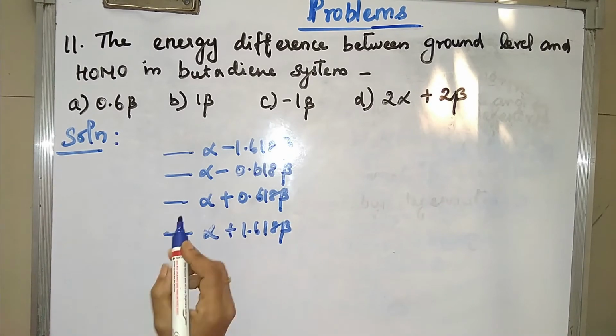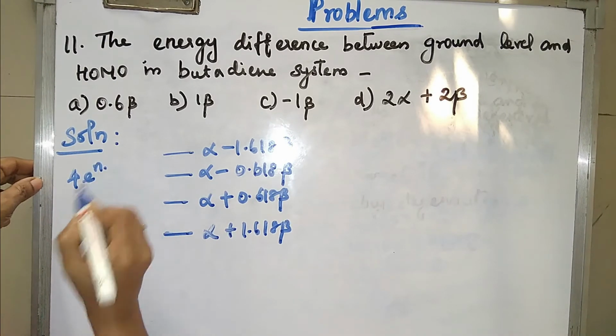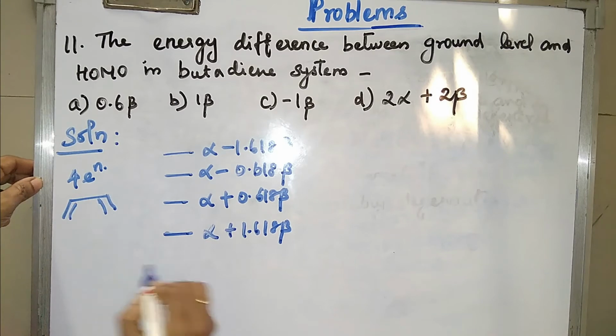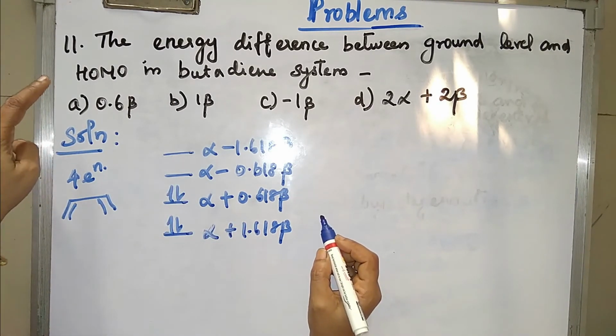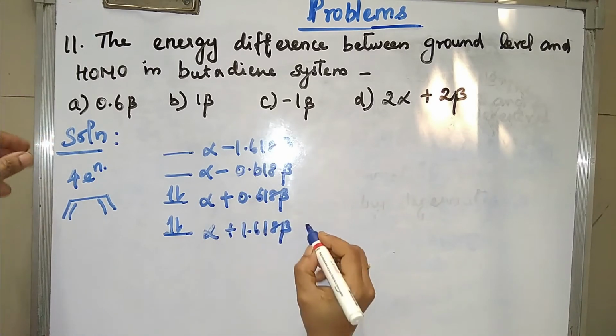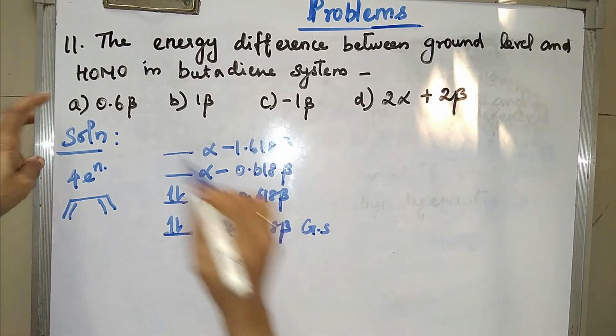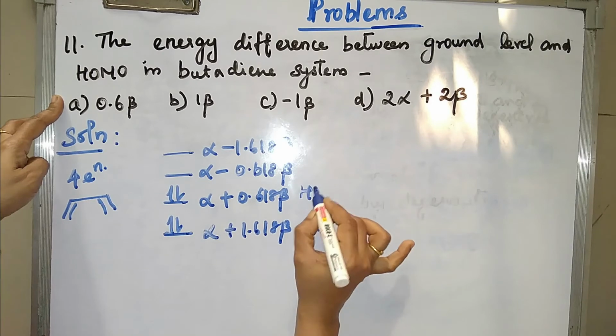In butadiene, 4 electrons will be there, so 2 and 2. What they are asking is the energy difference between these two, the ground state and the HOMO, the highest occupied molecular orbital.